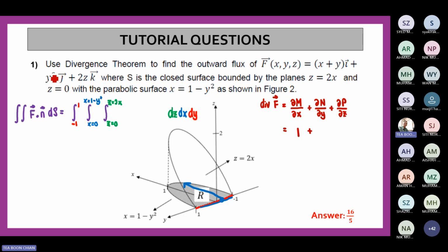Plus differentiating y² with respect to y, you get 2y. Plus differentiating 2z with respect to z, you get 2. Therefore, the divergence is 3 + 2y. So fit this in this position lastly, 3 + 2y, and you can continue to find the integration in the Cartesian coordinate system.